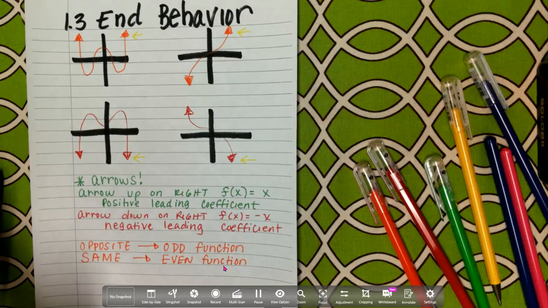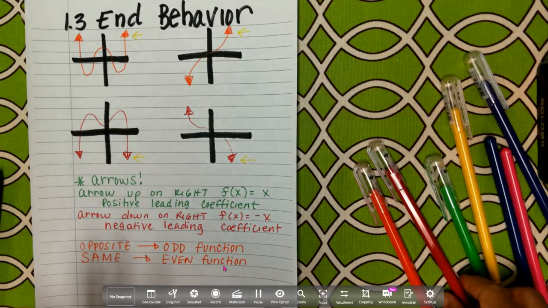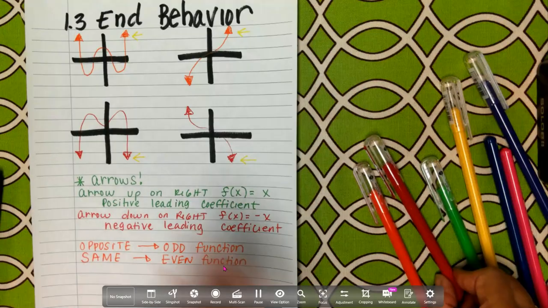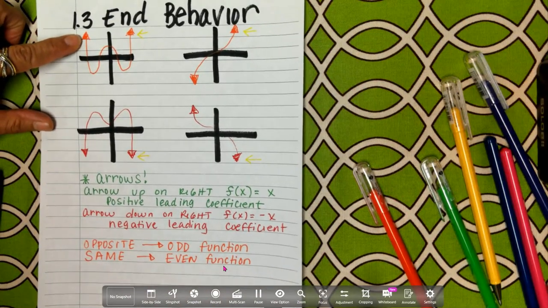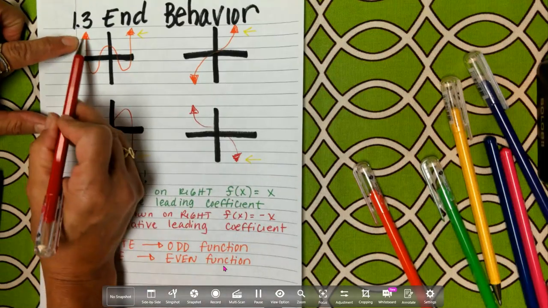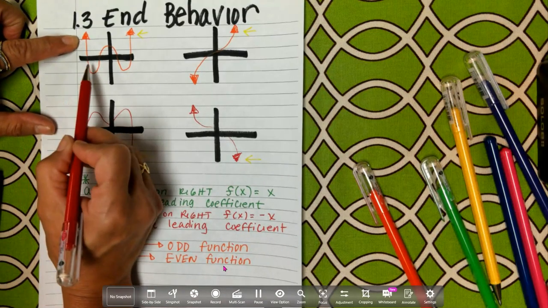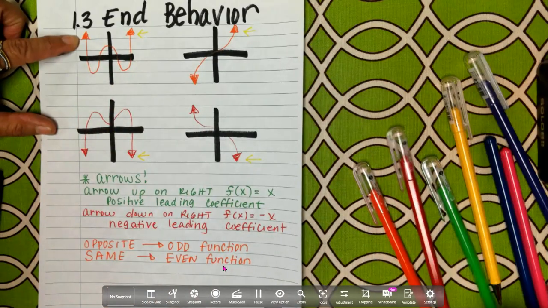Okay, so let's start hopping into end behavior. Remember, for end behavior, it's all about the arrows, and we scan it like a graph from left to right. So the first thing I see is an arrow. Arrow means infinity, and this is the negative infinity part of the x-axis.